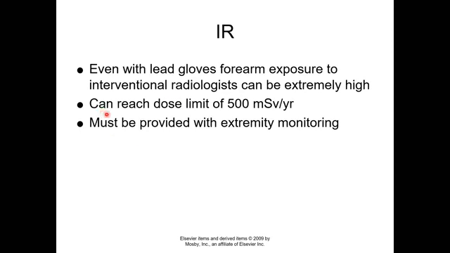And it is also super duper important that you know that the dose limit for extremities is 500 millisievert per year. And we're still talking about occupational. So occupational is 500 millisievert per year to the extremities in radiography.